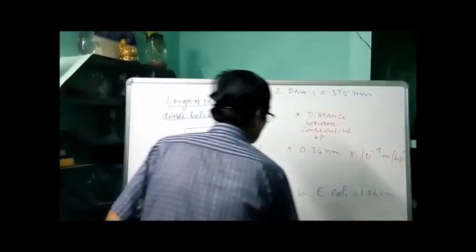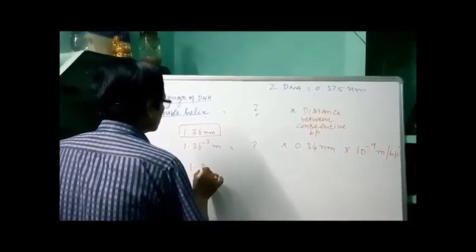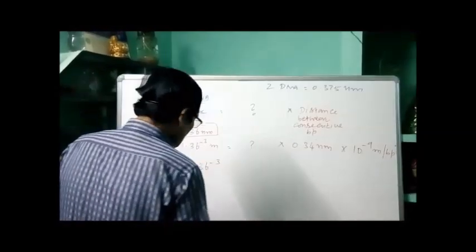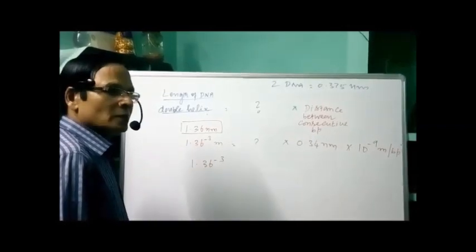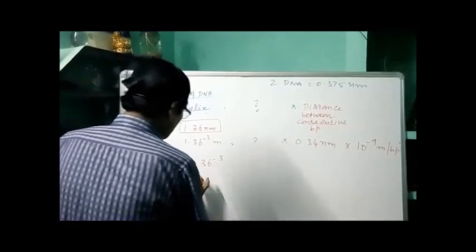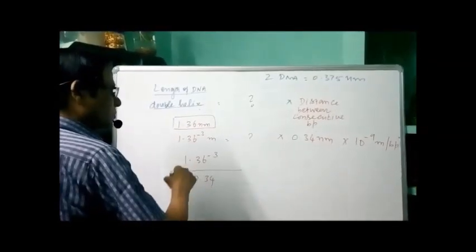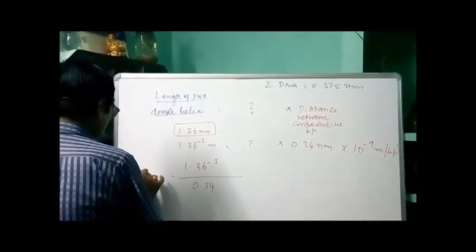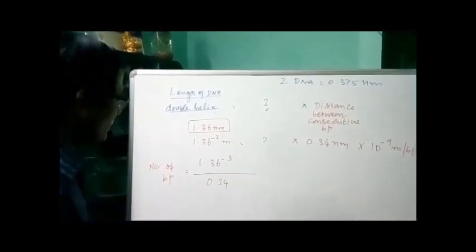Now what is the answer? We have 1.36 × 10^-3 meter, and we have to represent the value 0.34. We are bringing all these together to calculate the number of base pairs.